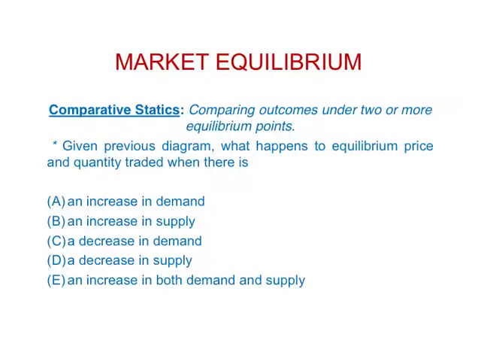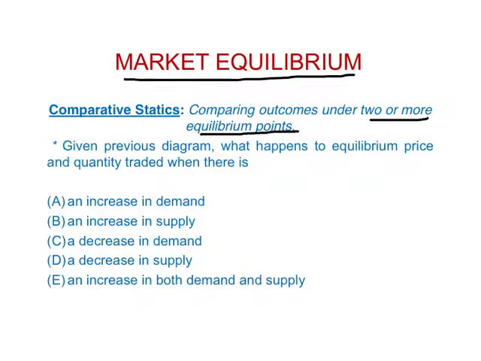Now we answer the second part, and that is, if the market is already in equilibrium, why would prices change? And here what we are getting into is an area called comparative statics, where we are comparing outcomes under two or more equilibrium points. Why do prices change when the market is already in equilibrium?